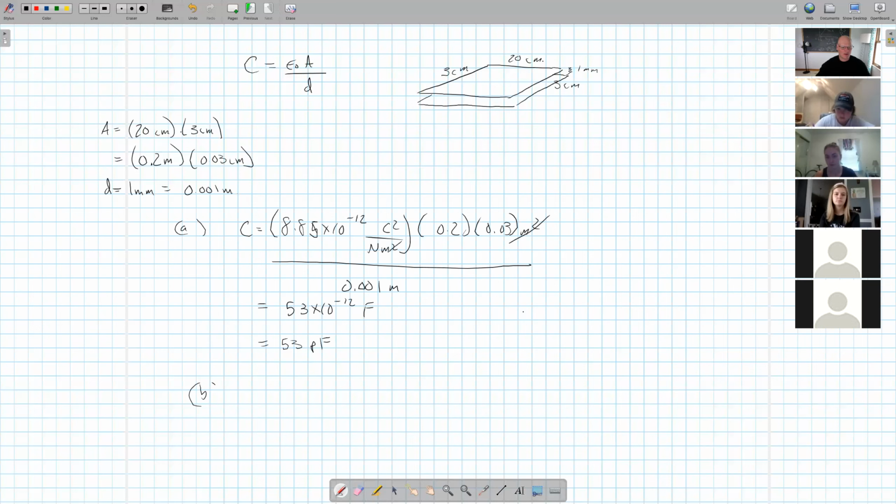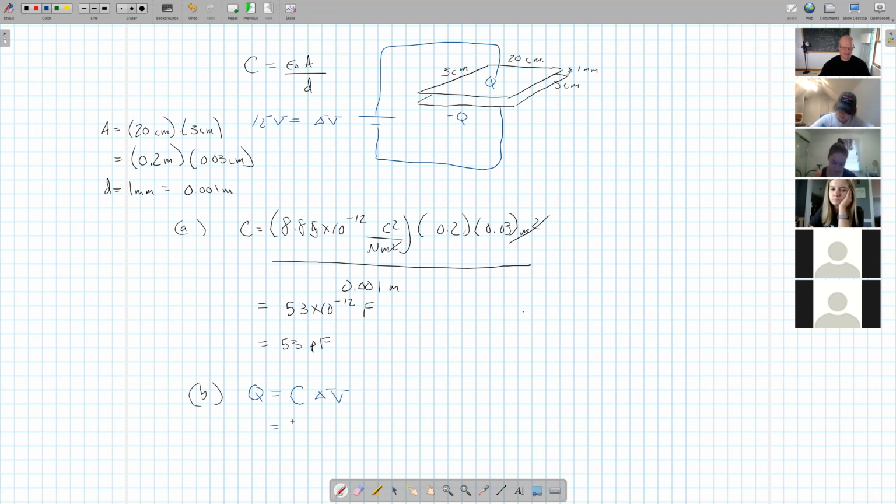Part B says, okay, let's take this capacitor and attach it to a battery. So here's my battery, where my battery has a change of potential equal to 12 volts. This will cause a charge Q to be stored on this side, and a charge negative Q on this side. So what is the charge being stored? Well, we know Q is equal to the capacitance times the change of potential.